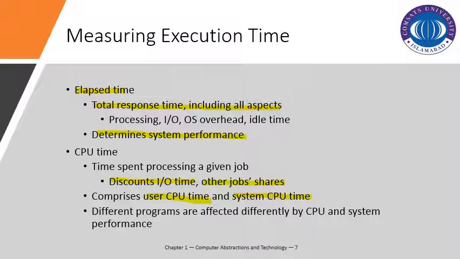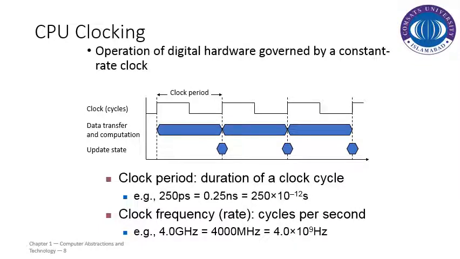So let us see how we're going to measure the CPU time. But first of all, let us have an idea of the CPU clocking. The clock source is used to provide the clocking to the sequential mechanisms involved in the processor design itself. A processor design contains some combinational modules as well as some sequential modules.